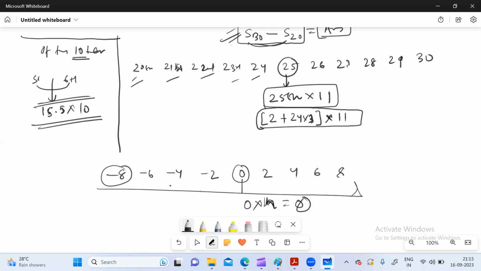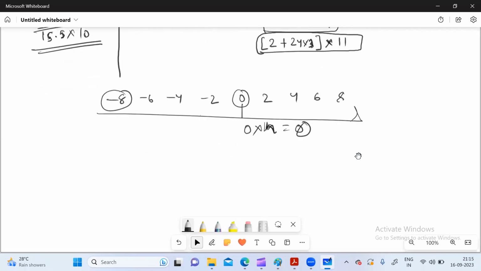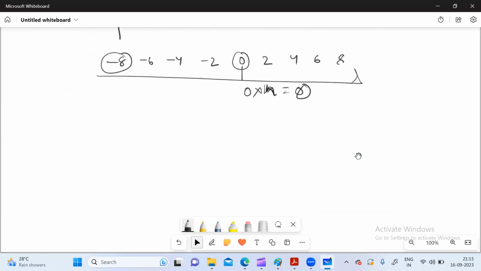So if any AP, like if there is a question saying an AP of 15 terms has sum 0.